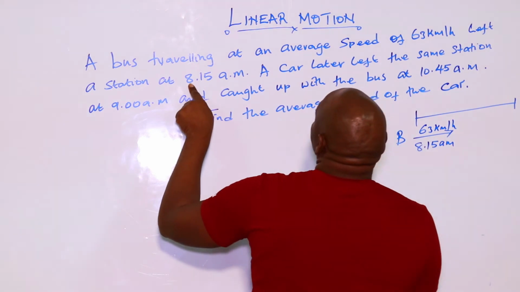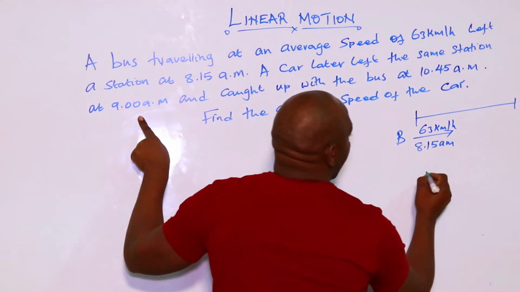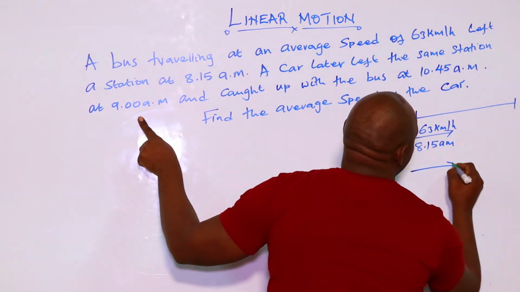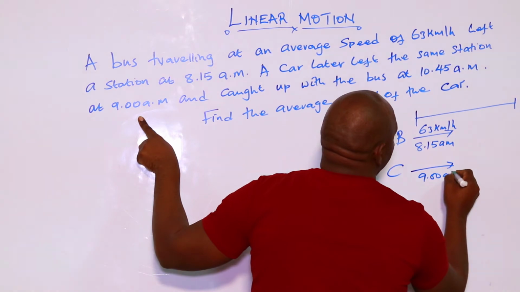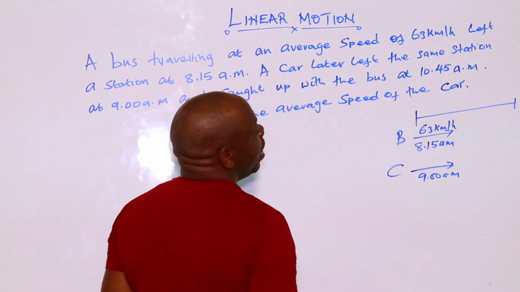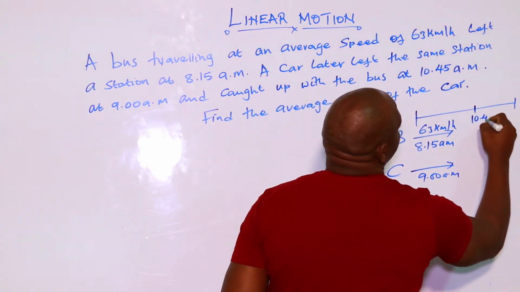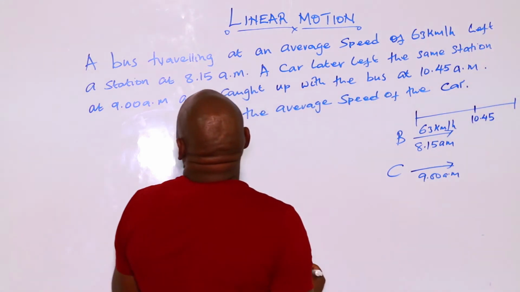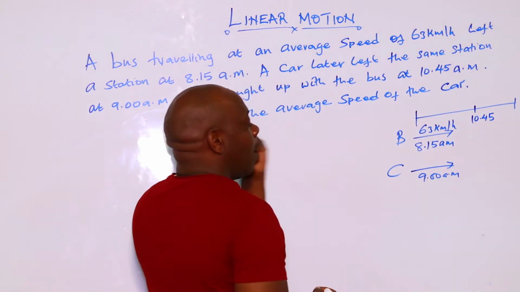That's the bus. A car later left the same station at 9 a.m. The car here left at 9 a.m. and caught up with the bus at 10:45. Meeting time 10:45. Find the average speed of the car.